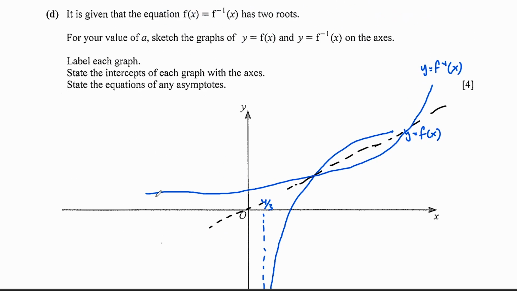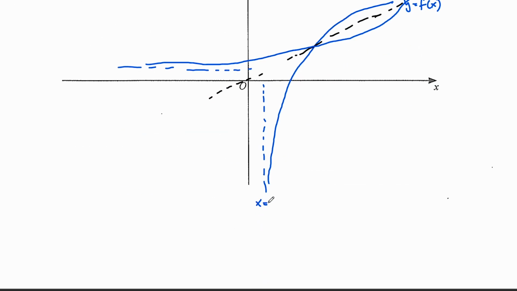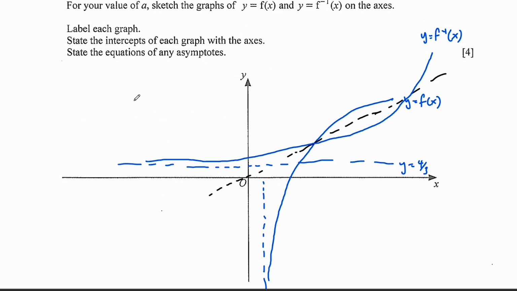Okay, and then I'm going to label the asymptotes. Maybe a bit too messy here. This line will be x equals to 4/3. This line will be y equals to 4/3.